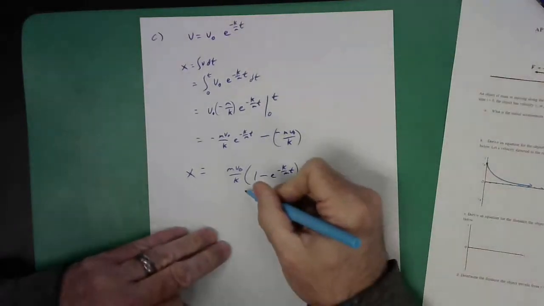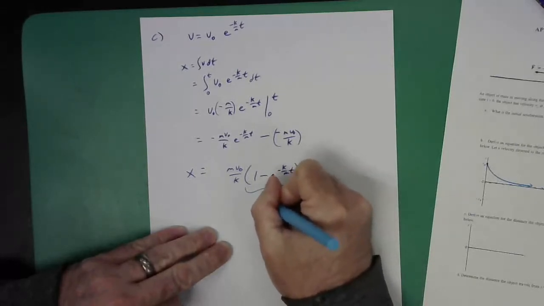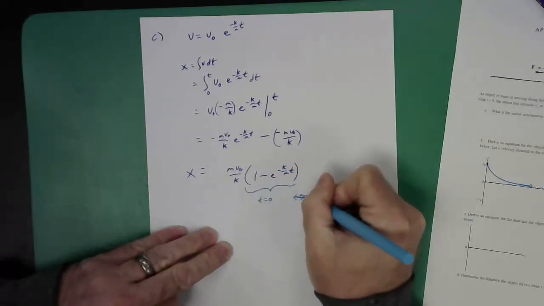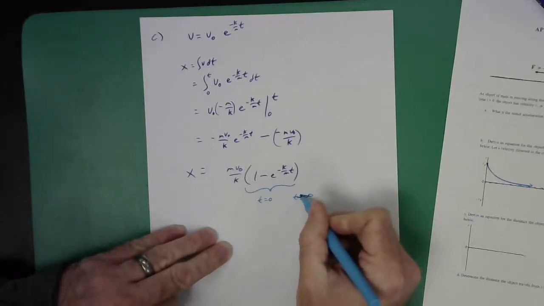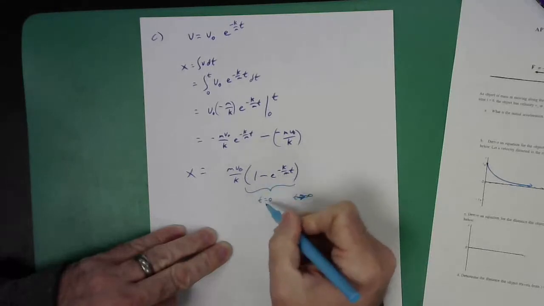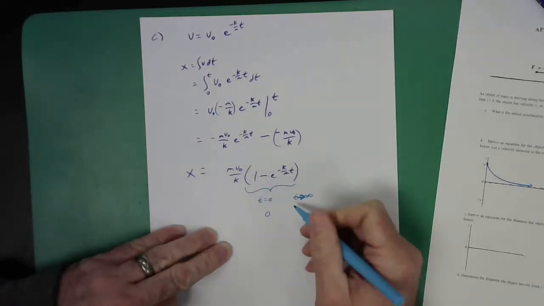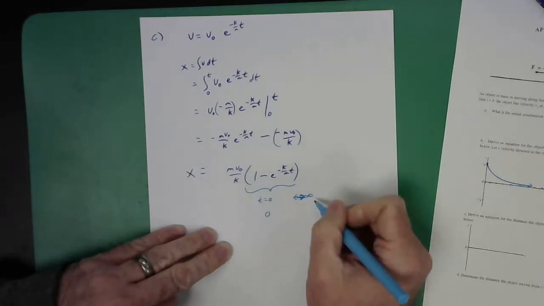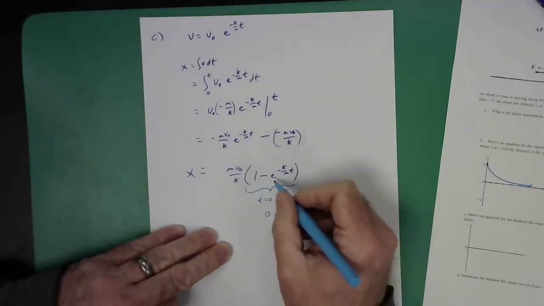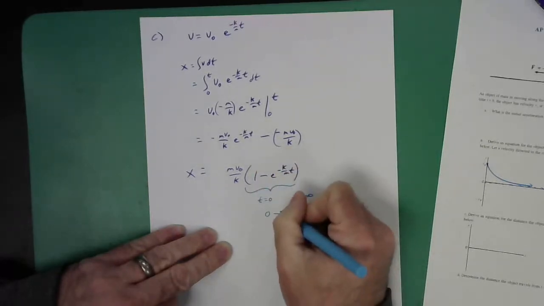Now let's check this chunk out. Look at this from time 0 to time approaching infinity. Let's make an arrow: it approaches infinity. When time is 0, e to the 0 is 1. 1 minus 1, this expression here that I bracketed, would be 0. As time heads to infinity, e to the minus infinity would be 0, so this would just be 1.